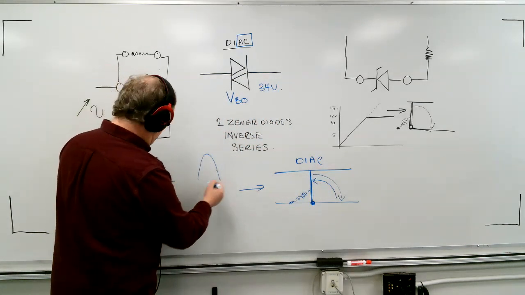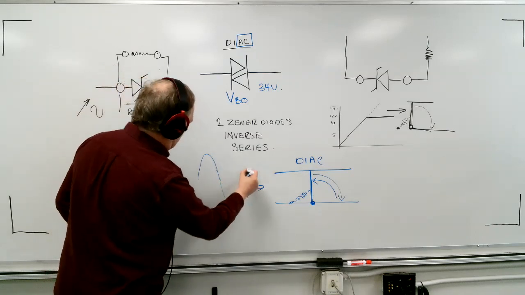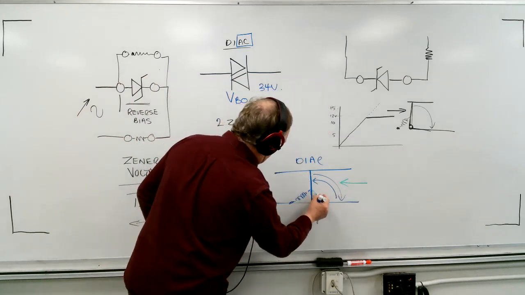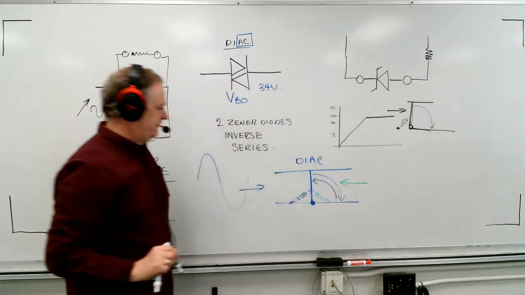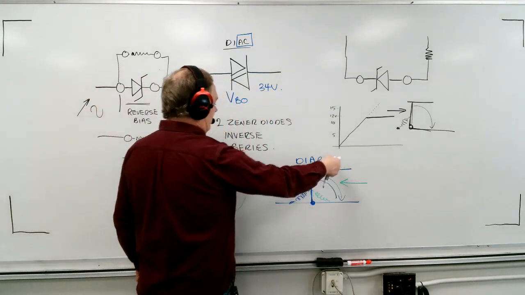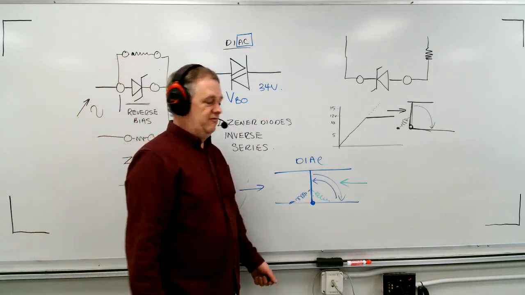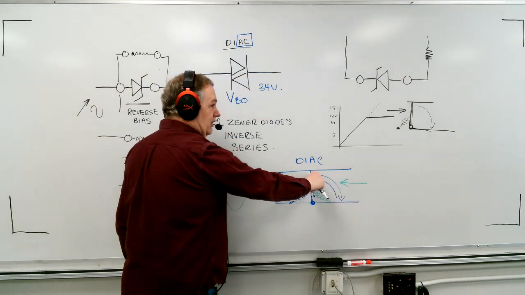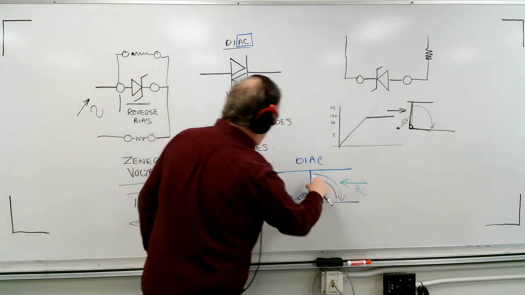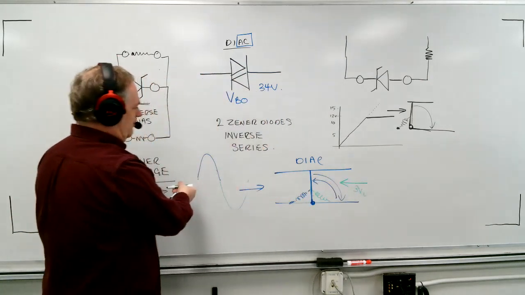Now, we're talking about a waveform that goes this way, like this, okay? So now we're going to put pressure from this side, and guess what? We've got a 34 volt spring on this side too. And so now the voltage is rising, rising, rising, 10, 15, 20, 30, 31, 32, 33 volts. Still no conduction. All of a sudden we hit the magic 34 volts and bang, goes down the door this way, and we conduct in this direction.